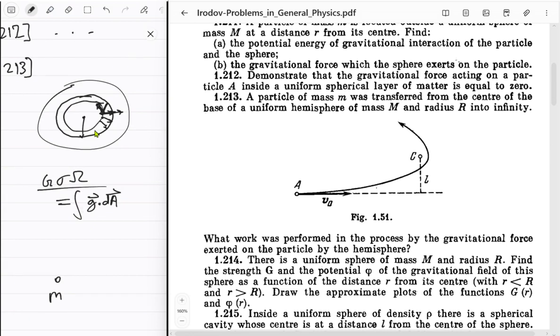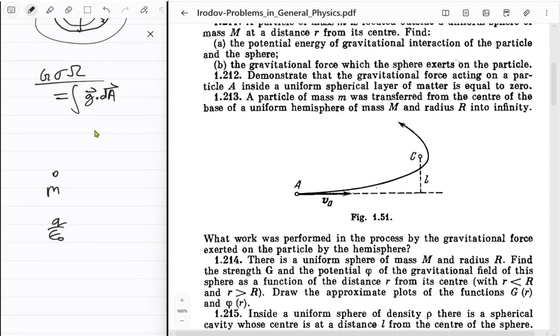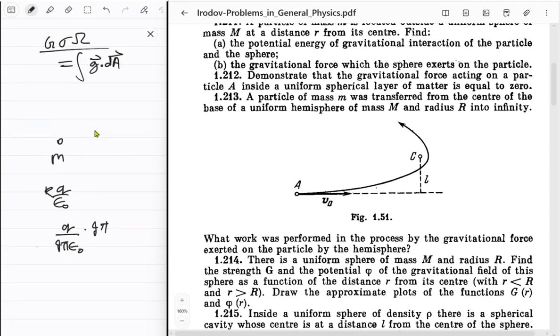For electrostatics, it was Q upon epsilon naught for a whole sphere. Basically, Q upon 4 pi epsilon naught times 4 pi, and then you also got K over there. So KQ, that's what I used to do. This thing by itself was K, so KQ and then the solid angle.